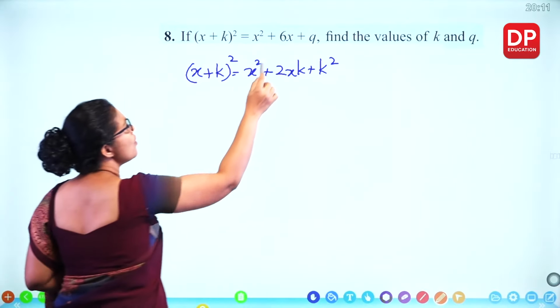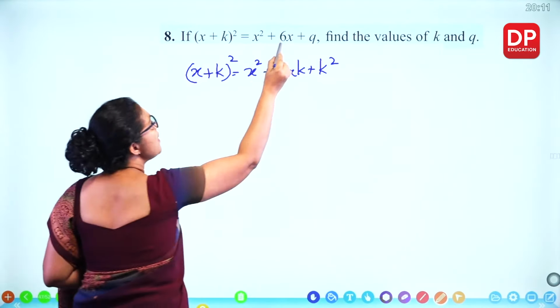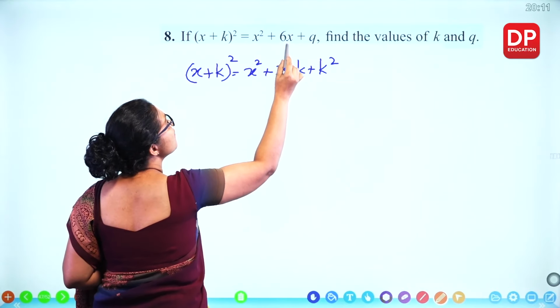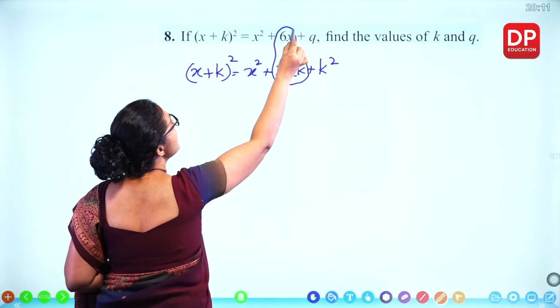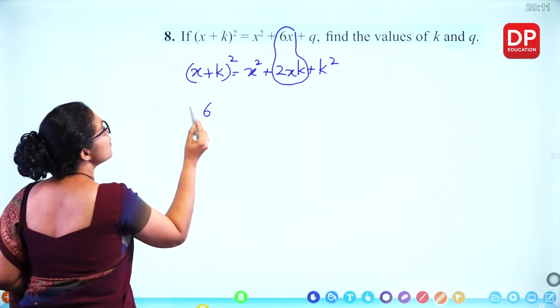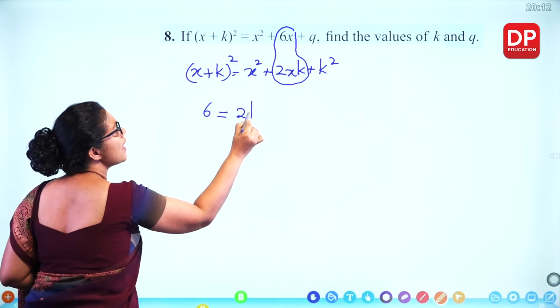But when you compare these two, the middle terms, without x, 6x should be equal to 2k, so 6 should be equal to 2k.